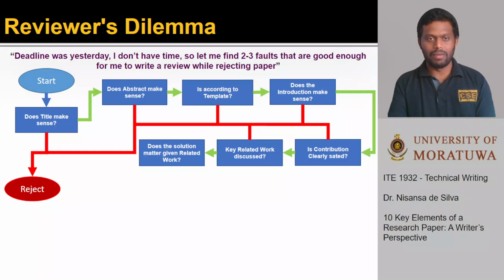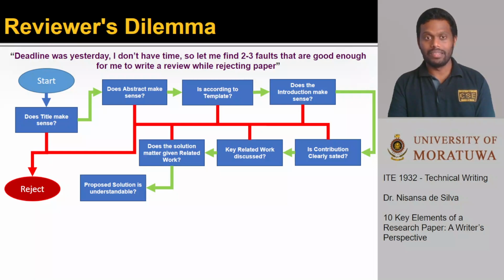Does the solution matter given the related work? Does your work contribute to the scientific understanding? If not, reject. If it does, we move on to the next one. Is the proposed solution understandable? This is why I said there is no point in making it obtuse and pointlessly hard to understand.